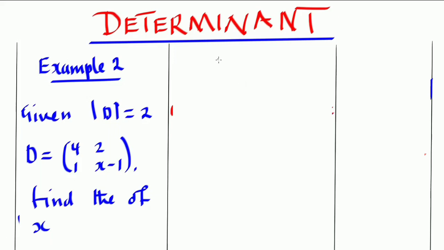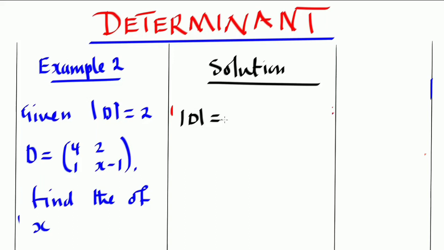All right, so we shall say solution as usual. Here we shall use the same procedure for finding the determinant. The determinant of matrix D will be equal to 4 times x minus 1.